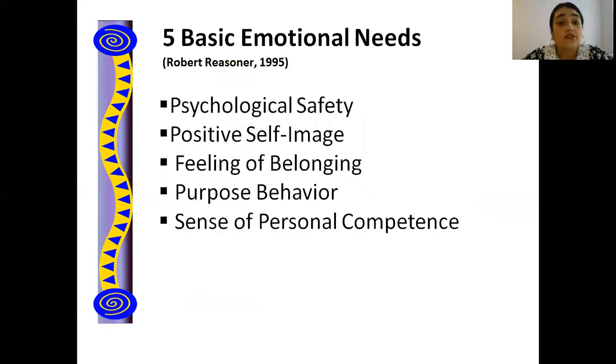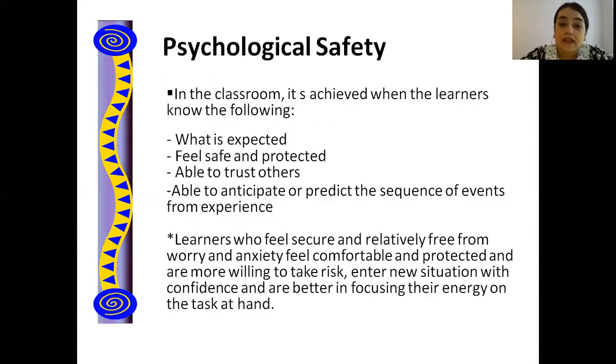So there are five basic emotional needs, as Robert Wisner mentioned. They are psychological safety, positive self-image, feeling of belonging, purpose of behavior, and sense of personal competence. And we're going to discuss them in detail, of course. So what is psychological safety?